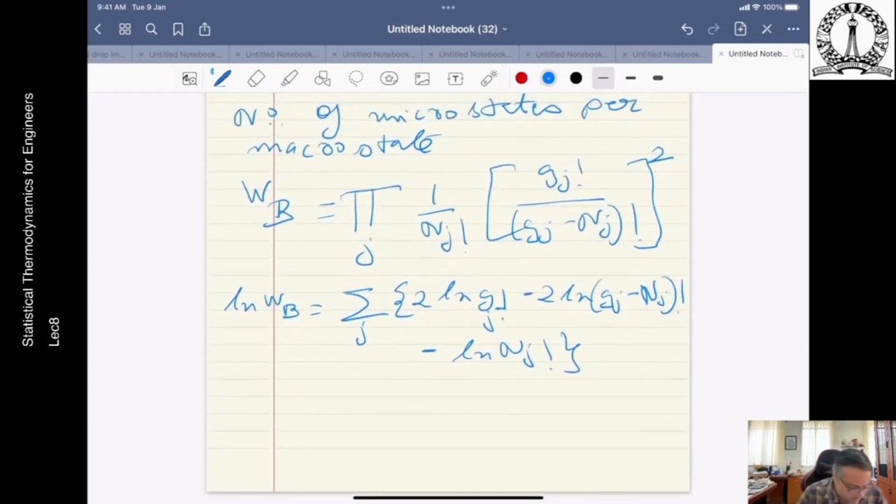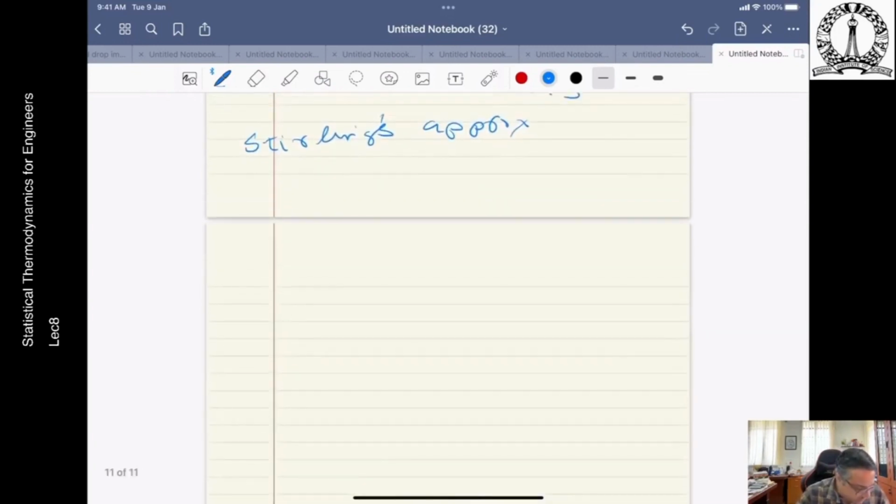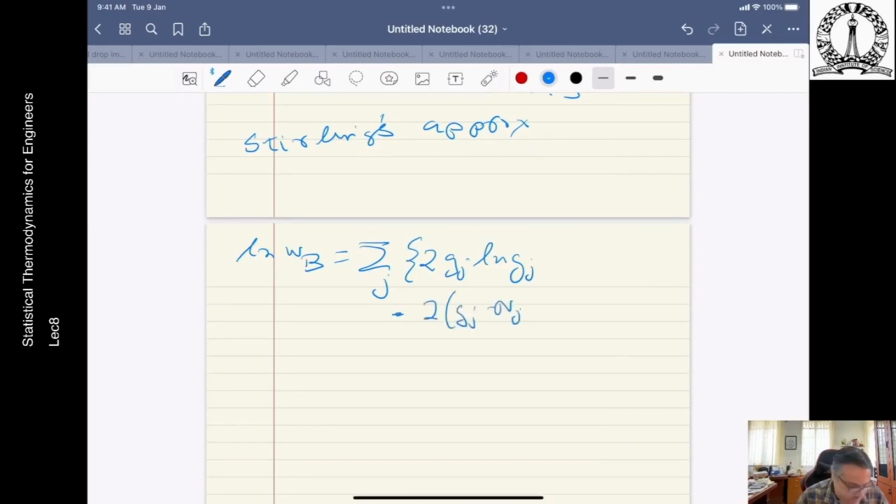So next what we do, we apply Stirling's approximation. There can be numerous problems like this, obviously, where we say that ln Wb is equal to summation over j of Gj ln Gj minus 2 Gj minus Nj ln Gj minus Nj minus Nj ln Nj minus Nj.